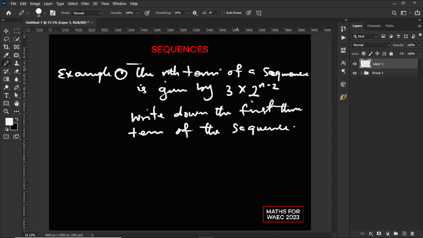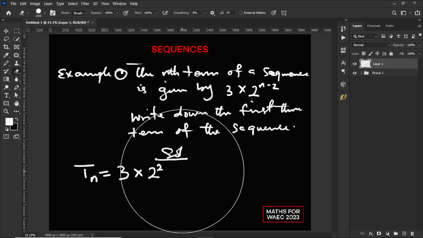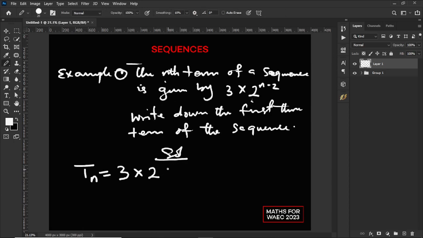You're not the one to get the formula. Let me write down the solution. The nth term of the given sequence is 3 times 2 raised to power n minus 2.